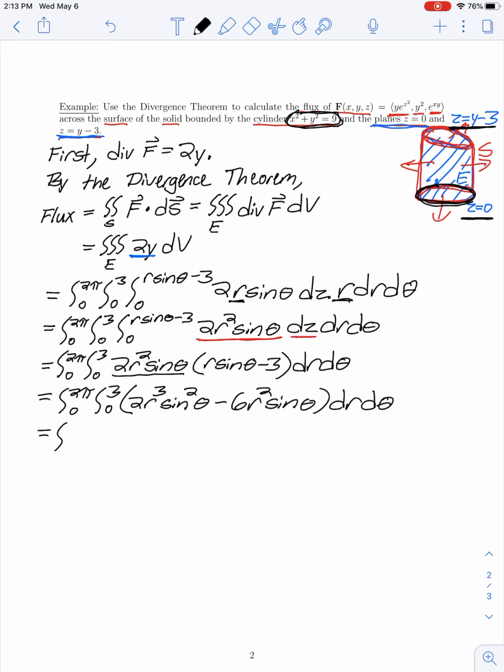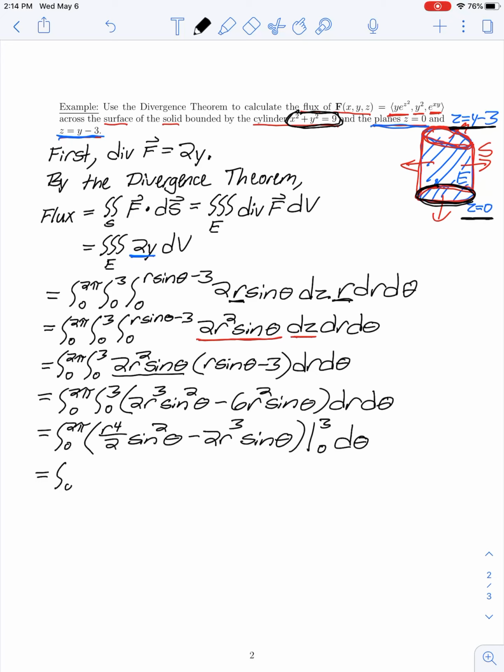So here, evaluating our inner integral with respect to r, we have from 0 to 2 pi, the antiderivative with respect to r, r to the 4th over 2 sine squared theta minus 2r cubed sine theta, evaluating from r equals 0 to 3, and then integrating with respect to theta.